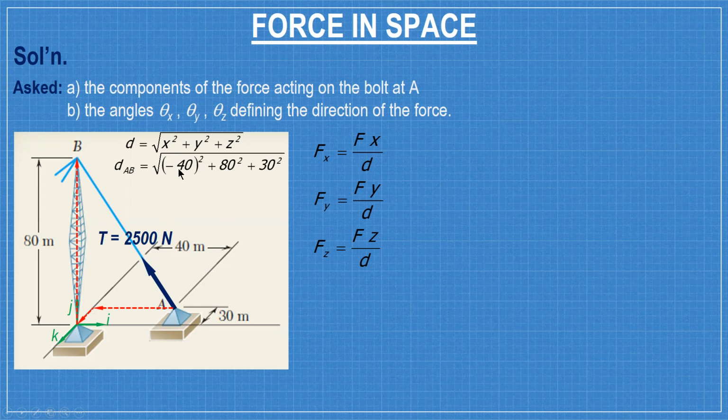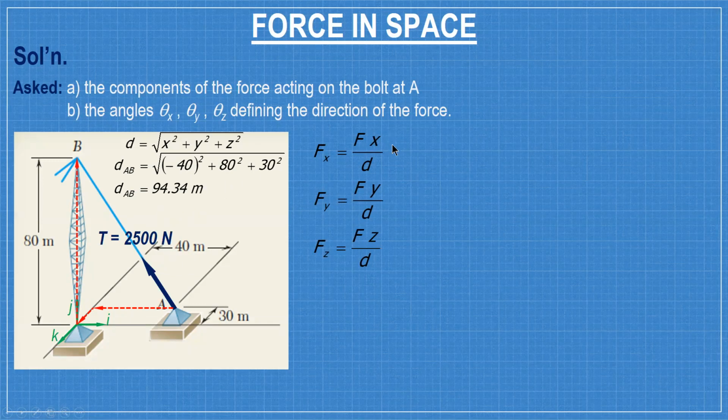By doing this, ma-double check nimo later na ang imong X component ay negative, ang Y positive, ang Z positive. Negative 40 I, 30 K man eh, Z. Okay. And then positive 80 na J, Y. So, the distance from A to B is 94.34 meters.